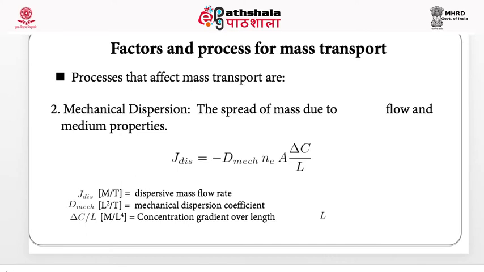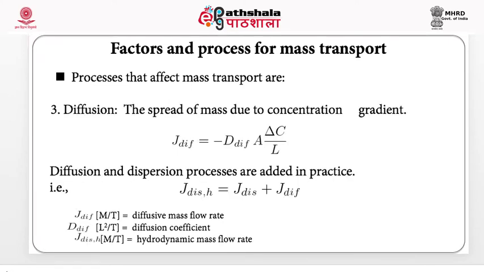The third process that affects mass transport is diffusion. Diffusion is entirely a chemical process. It is a concentration gradient related spread of mass, and it is mathematically defined by J_diff, the diffusive mass flow, equals a diffusive constant times area times concentration gradient.